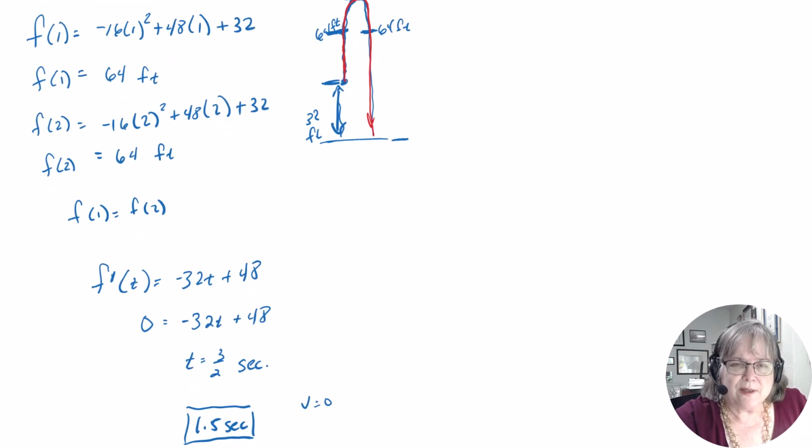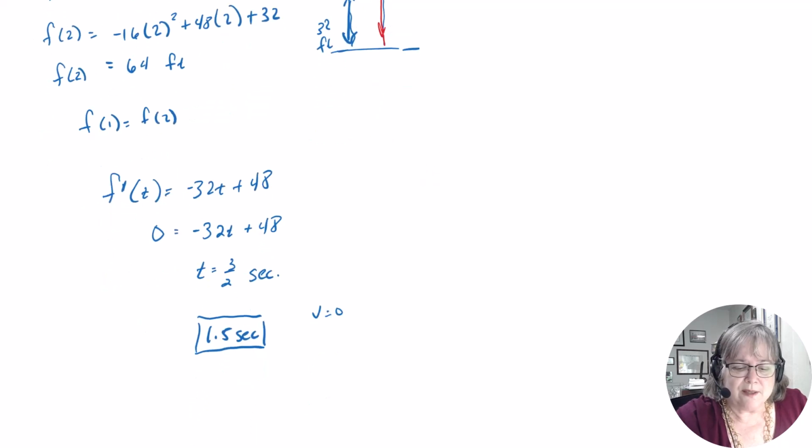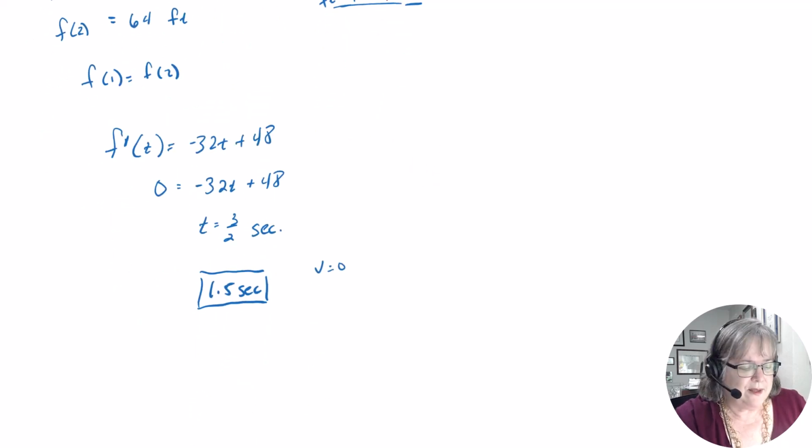So at the top, as it changes directions, the slope is 0 and the velocity is 0. That's one of those things we often try to find in real world applications, where we want to see when the velocity equals 0, because potentially we could be changing directions at that time too.